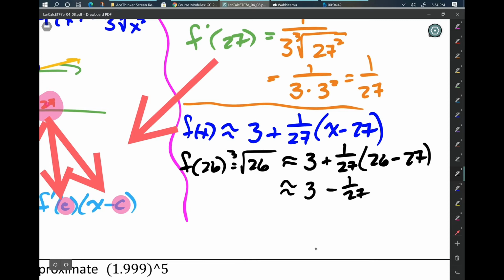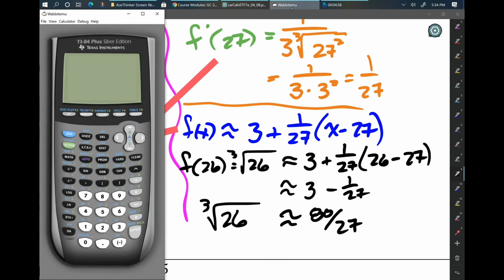Let's see, 27 times 3 is 81, so this is 80 over 27. So I get that the cube root of 26 is approximately 80 divided by 27.